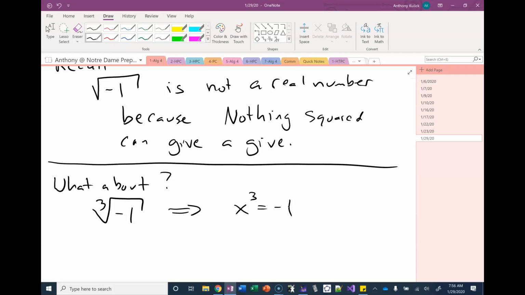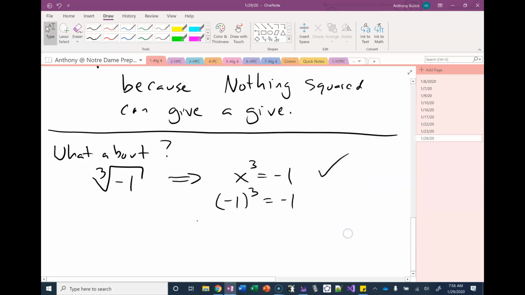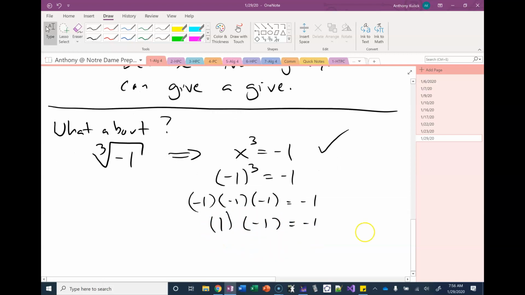Everybody agree with that? Is that possible? It is. What would that number be? It's -1. Because -1 times -1 times -1 is -1. -1 times -1 is +1. And then +1 times -1 is -1.